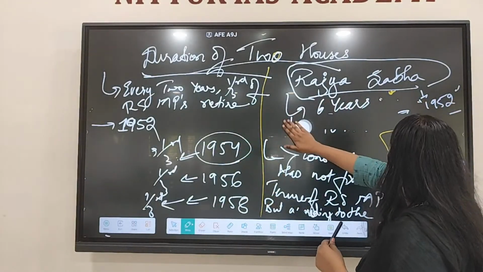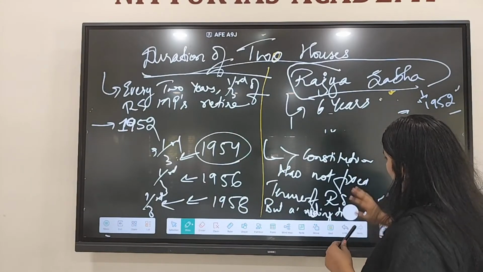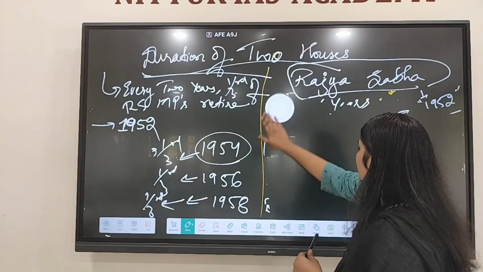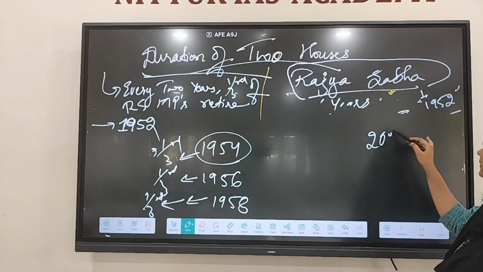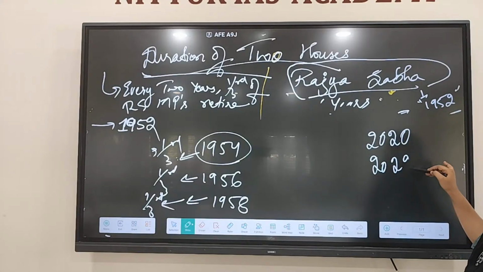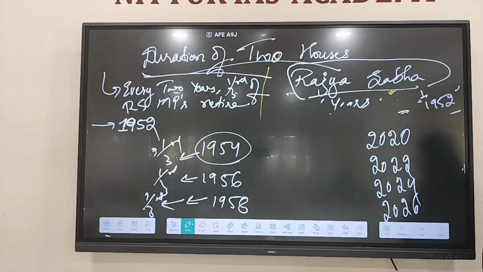Okay, let me give one example for you. Let's take 2020, 2022, 2024, 2026. 1/3 of the members will get retired in 2020. 1/3 of the members will enter in 2020.